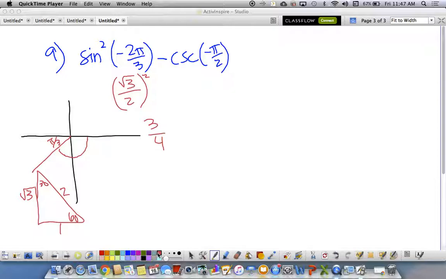what about cosecant of negative pi over 2? Where in the world is negative pi over 2? 270 degrees. What do we call those right there? Remember when they didn't land in a quadrant? Straight lines.